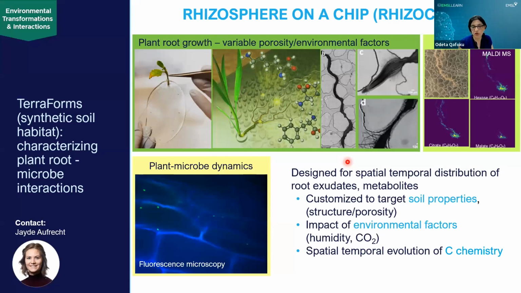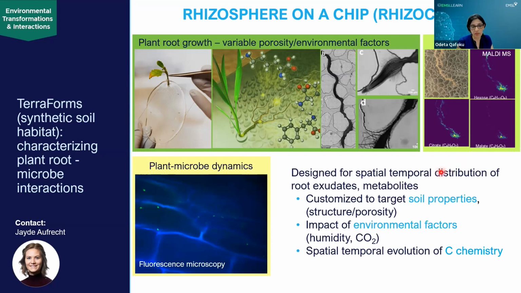I'm showing here an example of how this capability can be integrated with other chemical imaging capabilities, for example multi-mass spec, to indicate how the spatial distribution of metabolites is occurring.